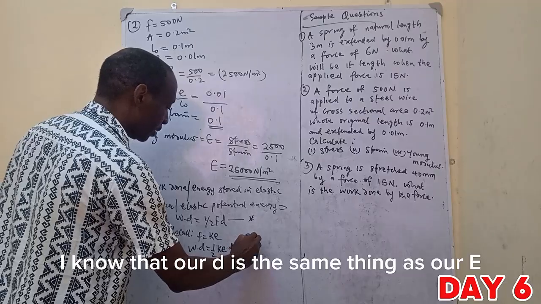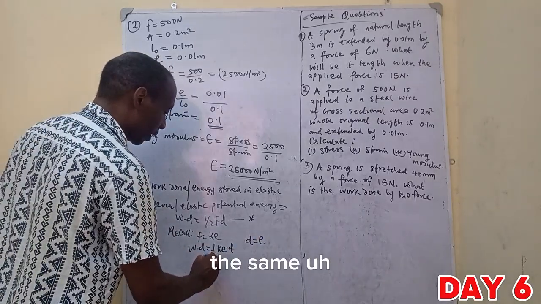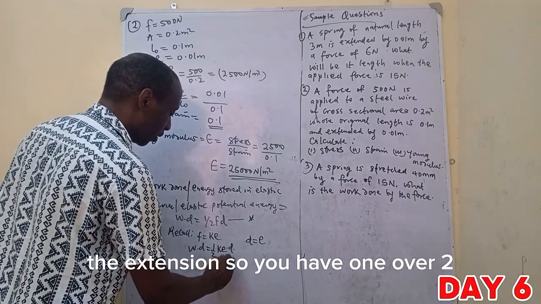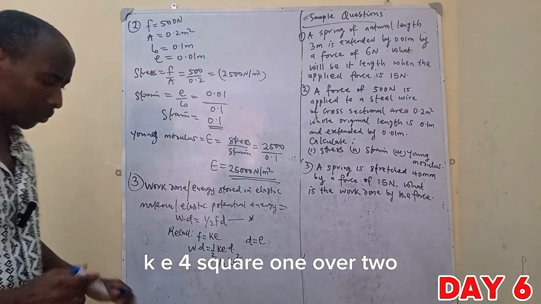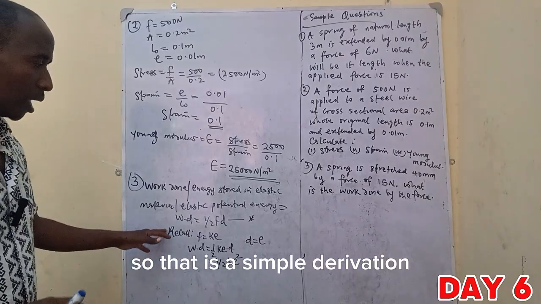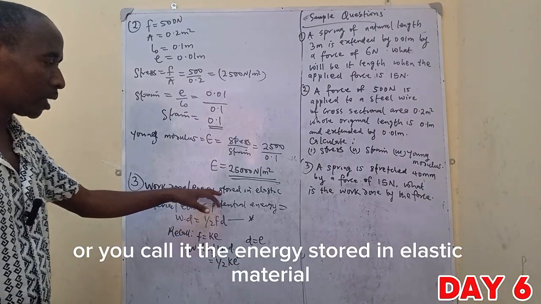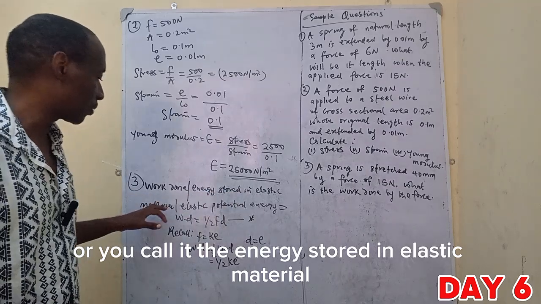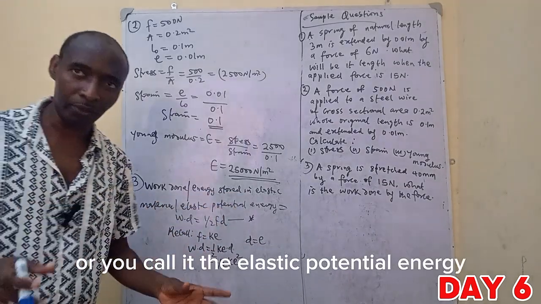And d is the same thing as e because it's also the extension. So you have 1 over 2 Ke squared. That is a simple derivation of the work done, or the energy stored in elastic material, or the elastic potential energy.